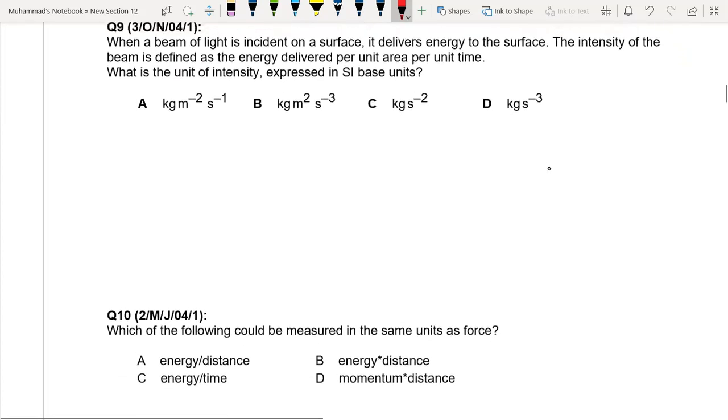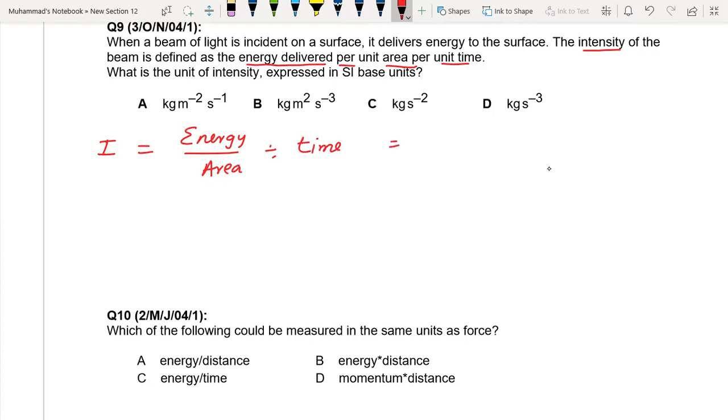For question 9, when a beam of light is incident on a surface, it delivers energy to the surface. The intensity of the beam is defined as energy delivered per unit area per unit time. So this is the definition of intensity, that is energy per unit area, and then whole per unit time, mean whole divided by time.